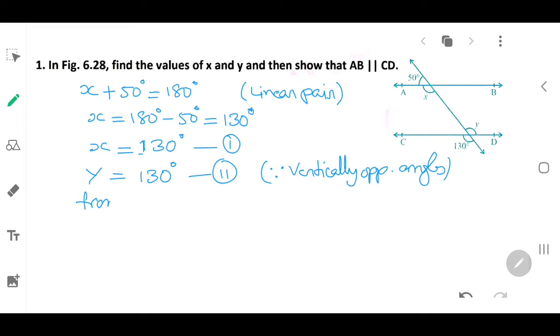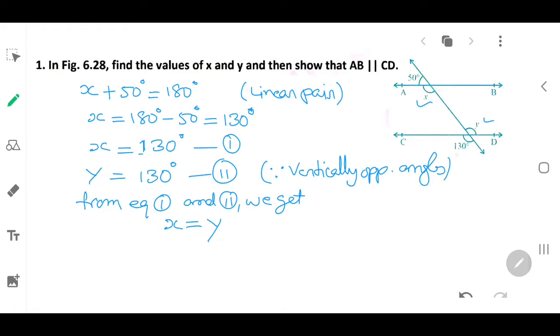So from both equations, what will we get? Equation 1 and 2. Since the value of x and y is 130 degree, that means x and y are equal. So from equation 1 and 2 we can tell that x is equal to y, correct? Now you see in the figure x and y are equal.